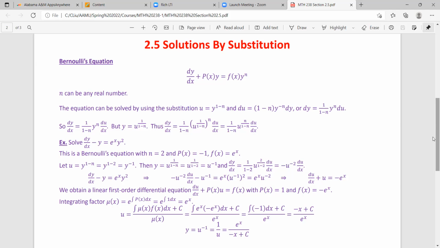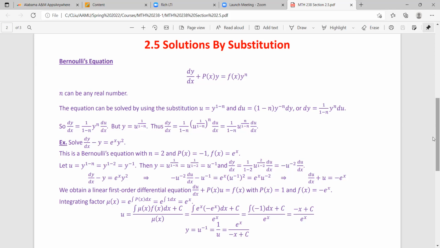At the end, you're going to get du over dx plus u equals negative e to the x. Remember, u squared times u to the -2 is just 1. And u to the -1 times u squared, you just add exponents, -1 plus 2 is just 1. So you get u to the 1, or u.